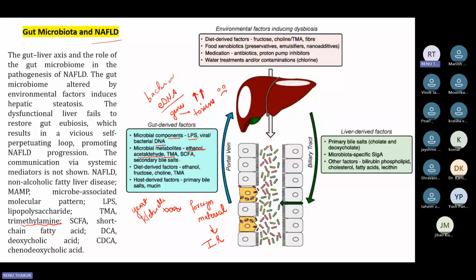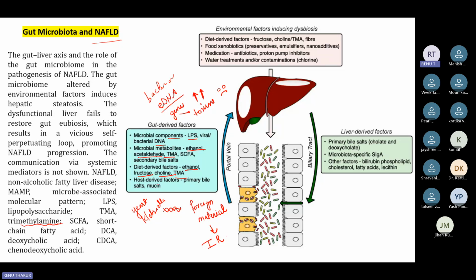Now, diet derived factors are ethanol, fructose, choline, and TMA. Diet derived factor means after consuming a specific food item or a specific nutrient, after its digestion, the form in which it converts. So that is known as the diet derived factors.